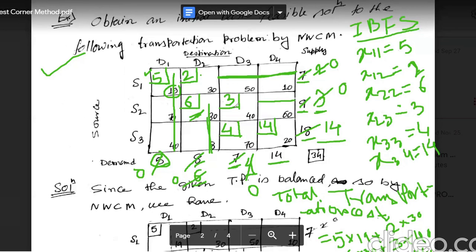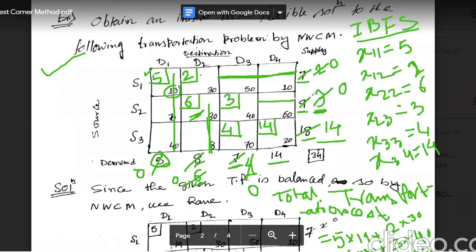Now this is the D3 destination. What is the demand for D3? 7 units. And this is source S2. What amount can S2 supply? 3 units. So 3 and 7, which one is less? 3 is less, so allocate 3 here.